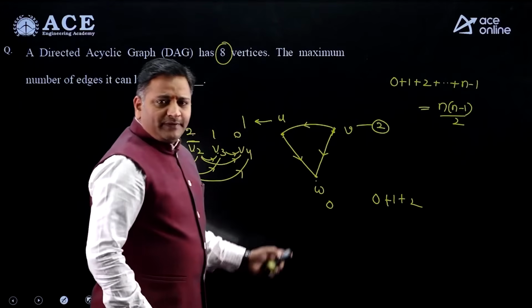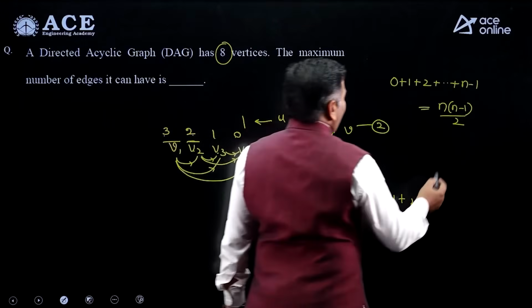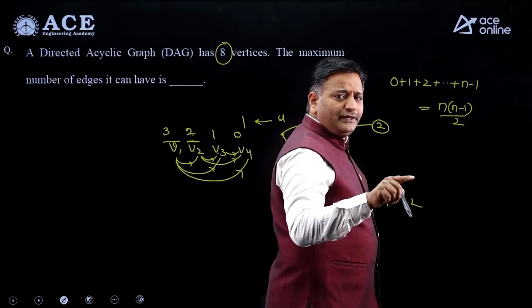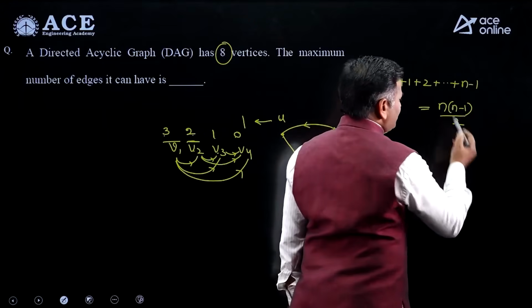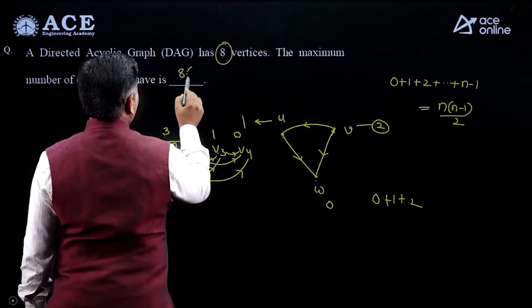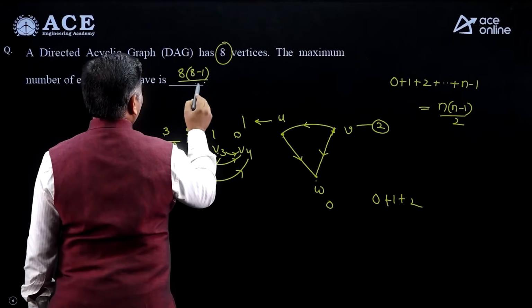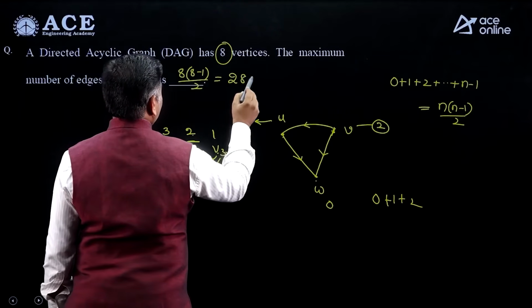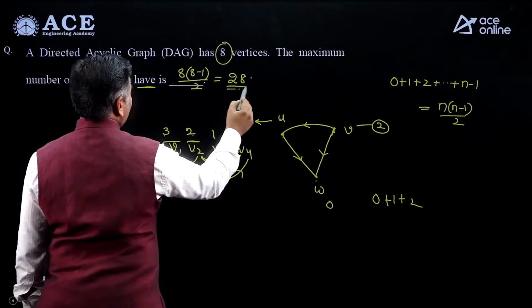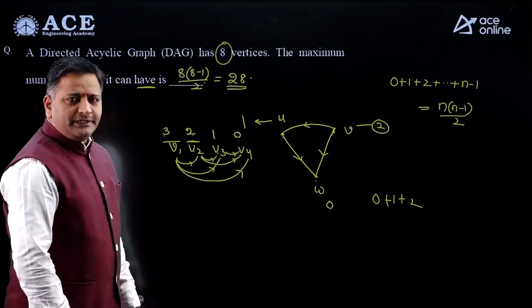The sum of n natural numbers is n into n plus 1 by 2, so in place of n we replace n minus 1, giving n into n minus 1 by 2. Here they provide 8 vertices, so 8 into 8 minus 1 by 2 equals 28. So the maximum number of edges is 28. Is it clear, friends?